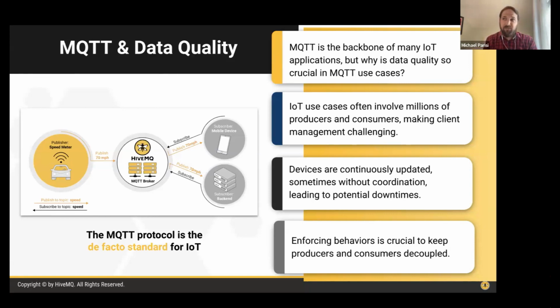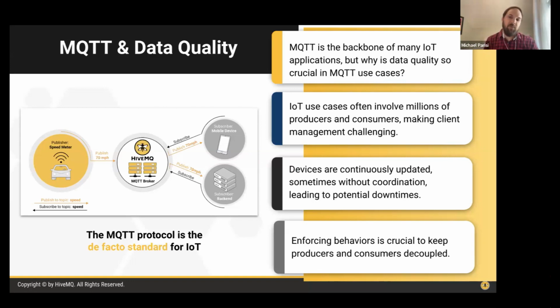In IoT use cases, the number of producers and consumers can be extremely large. We're talking millions of consumers and producers. That's pretty typical. And as you all come to know, managing an enormous number of clients can be very challenging, as devices embed MQTT clients.